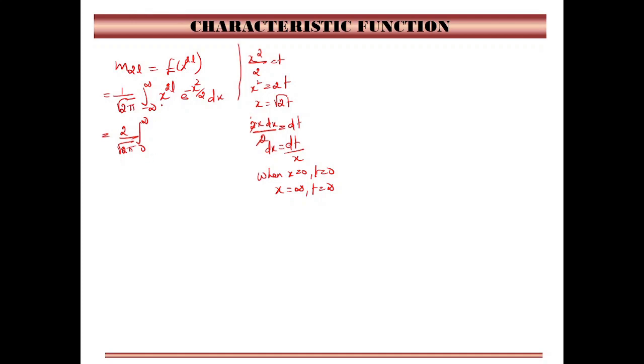Now, this x power 2l can be written as x squared the whole power l into e power minus x squared by 2 into dx. So now 2 by root 2 pi integral 0 to infinity (x squared is 2t) power l into e power minus t, dt by x, where x is root 2t.